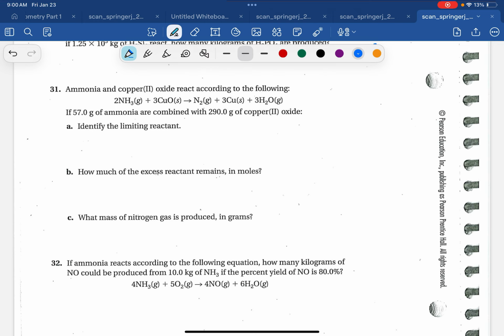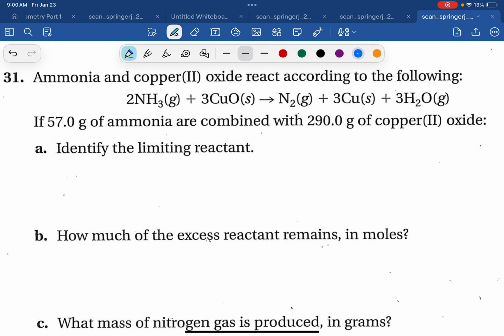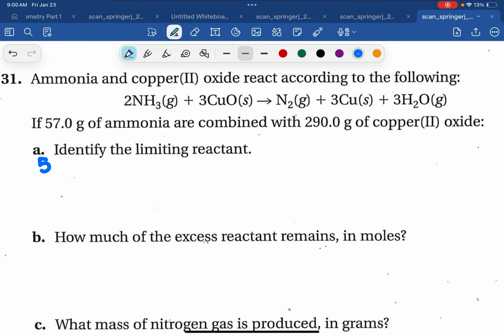So we got 57 grams of ammonia combined with 290 grams of copper 2 oxide. We got to find the limiting reactant, and the limiting reactant is what we're going to run out of first. So we need to take our 57 grams of ammonia, divide by the molar mass of ammonia, which is 17.04 grams per mole.